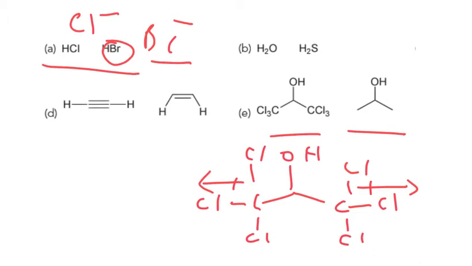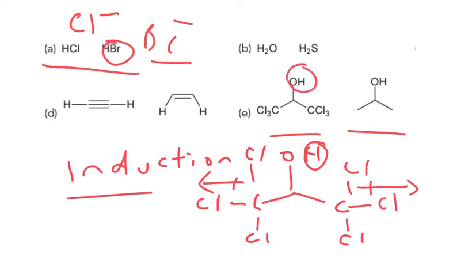And then if we make the conjugate base, where we get rid of the proton by deprotonating it and make oxygen negative, that negative charge in the conjugate base is going to be stabilized by induction. Right? And because of that, this proton is going to be much more acidic than this proton, simply because the chlorines provide that inductive effect and they pull electron density away from the oxygen in the conjugate base.